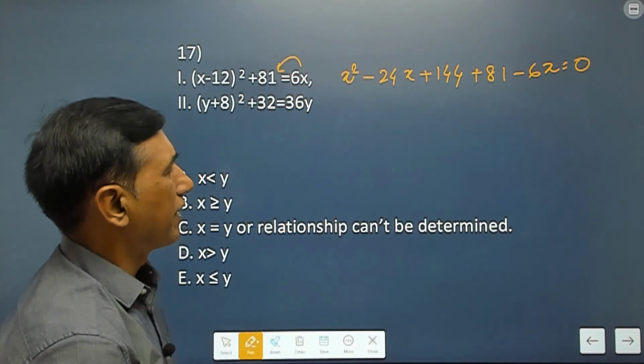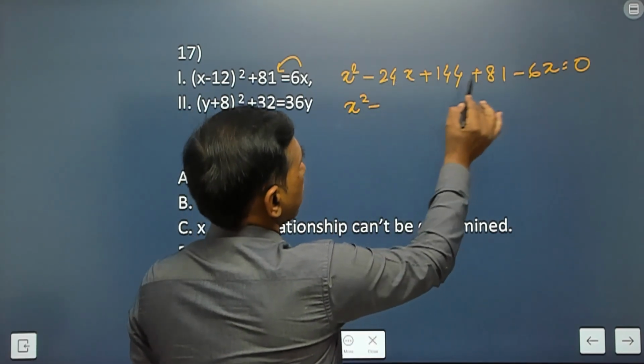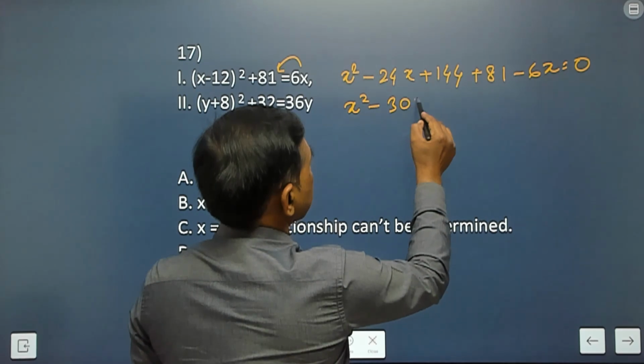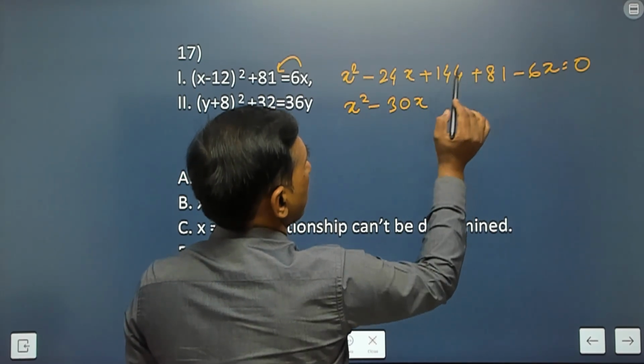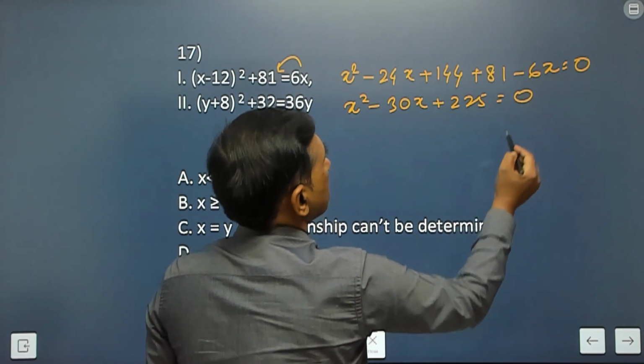I brought it here, minus 6x. So it is x square minus 24 minus 6 minus 30x plus 144 plus 81. So this is 225 is equal to 0.